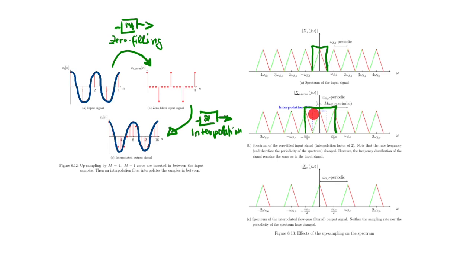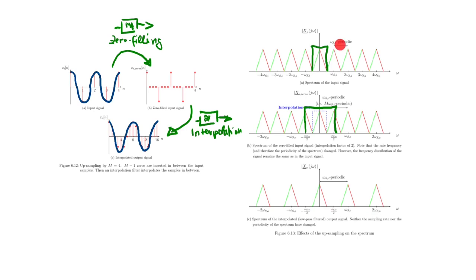So we apply a low-pass filter or interpolation filter, dotted in blue, and remove the redundant spectral components here, and what we get is this output spectrum.